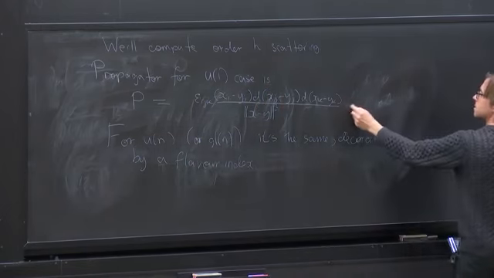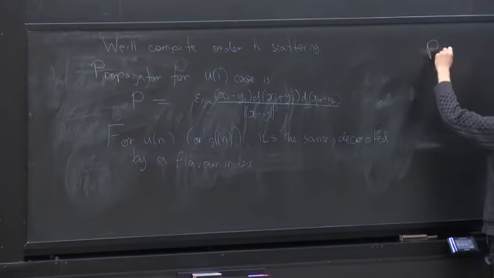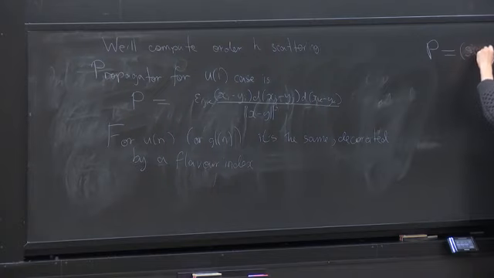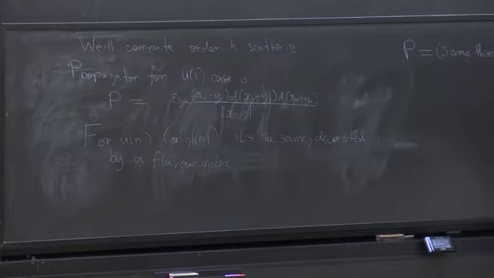Let's call this E: it's the same thing, times the sum of E_{ab} tensor E_{ba}.